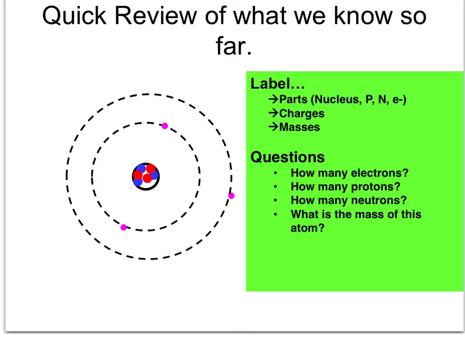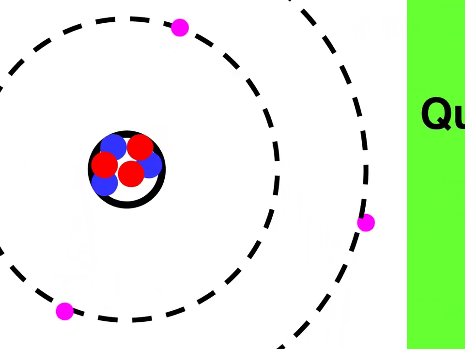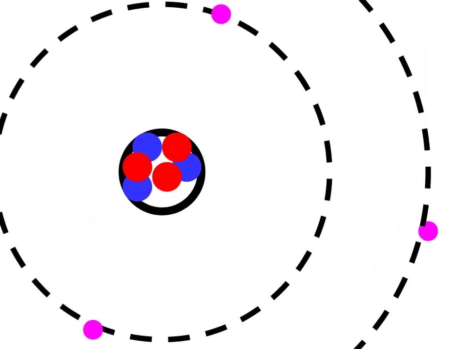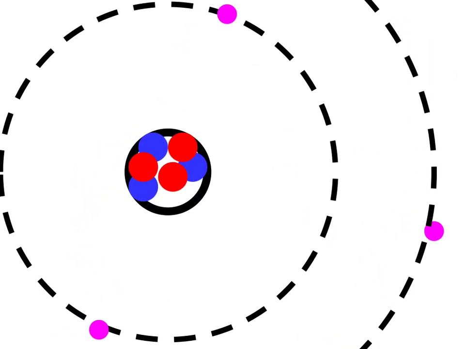Okay, here I have a simple drawing of an atom, and I put in here 3 protons, 3 neutrons, 3 electrons. If we labeled those, it might look something like this. Let me zoom up on the nucleus. Let the red ones be the protons.